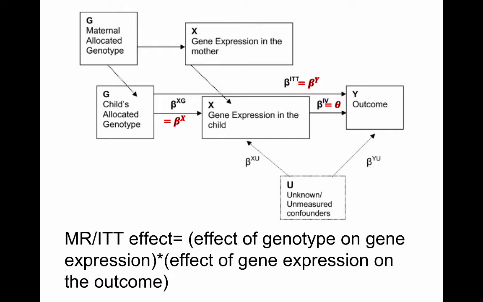But assuming you are comfortable with the ratio method and with this relationship, let's take a look at this particular causal diagram. Here we're showing the causal relationships between offspring genotype, an intermediate variable, which in this case is gene expression, and some outcome. The bottom part is just the usual Mendelian randomization diagram, and the only addition here is on the top, and that comes from the mother of this individual.